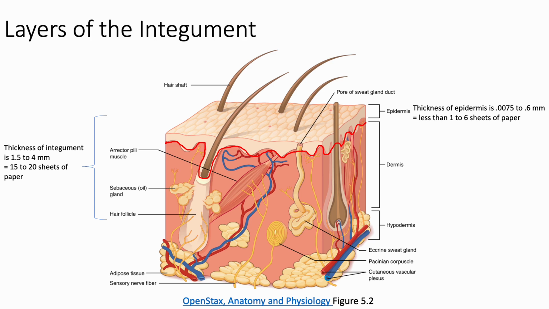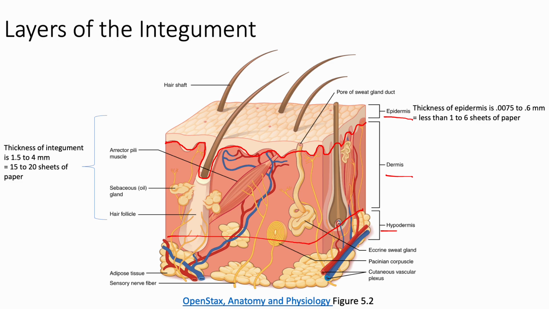There's more surface area to make a connection. So above that wavy area is the epidermis, and then below that, all the way down to about here, right, is the dermis. And then below the dermis would be the hypodermis. Now remember, technically the integument includes just the epidermis and the dermis.